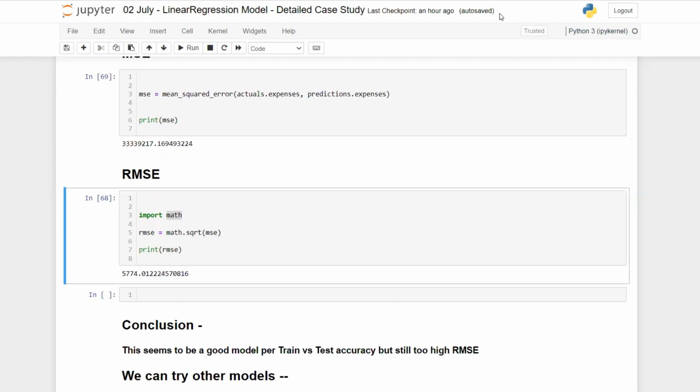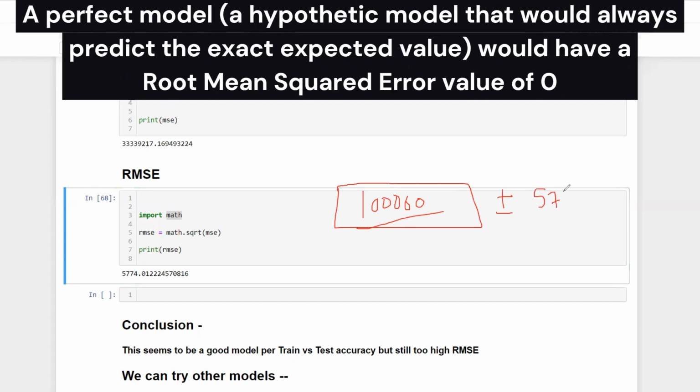Now I can say that whenever my model is predicting, let's say, a loan amount of 1 lakh, there will be a plus or minus error of 5774.